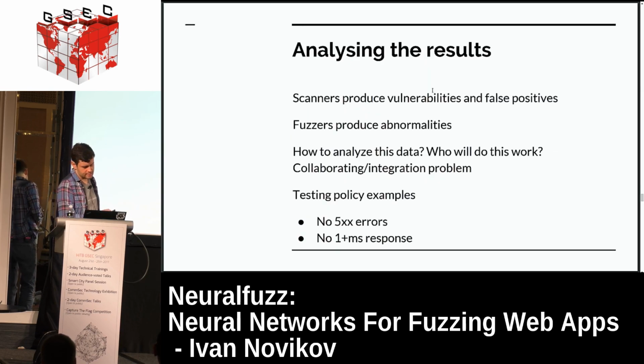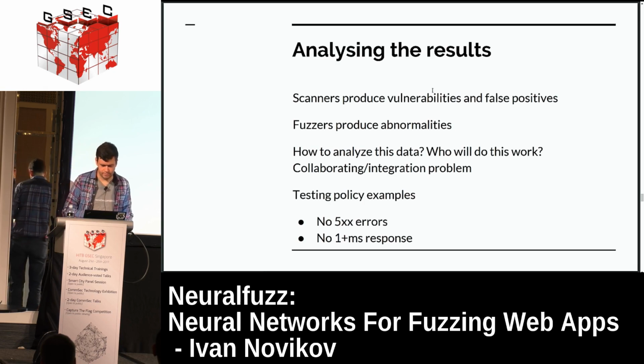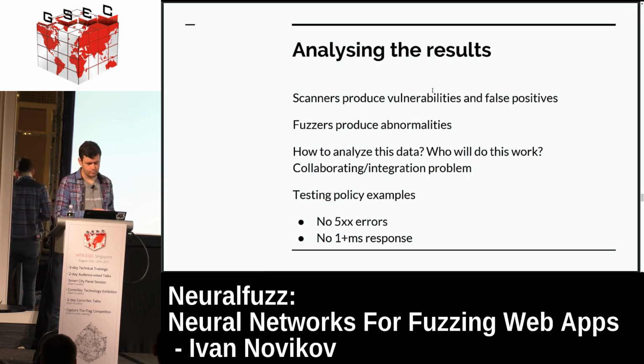And the last stage is analyzing the results. A scanner produces vulnerabilities and false positives, and a fuzzer produces abnormalities, and we should analyze how to analyze this data, and who will do this work, machine or human.